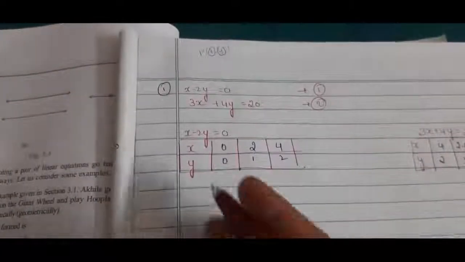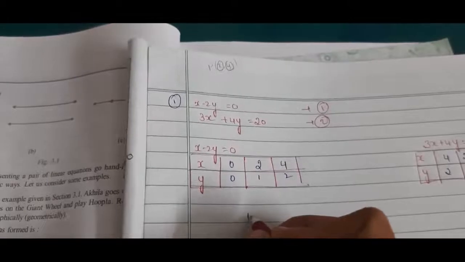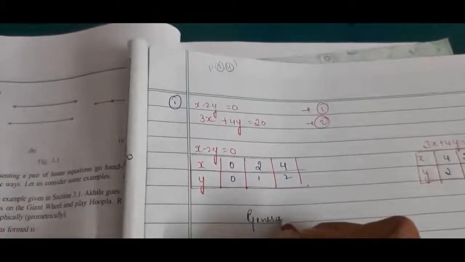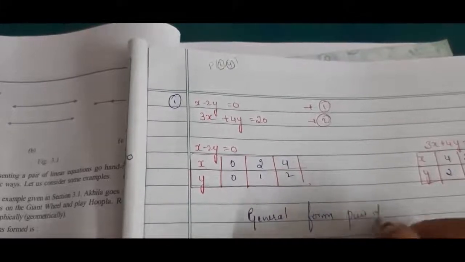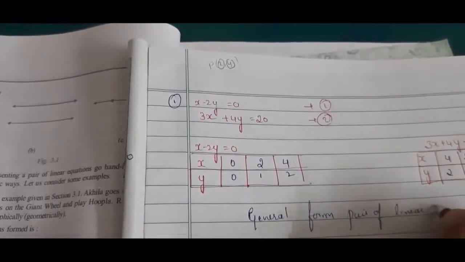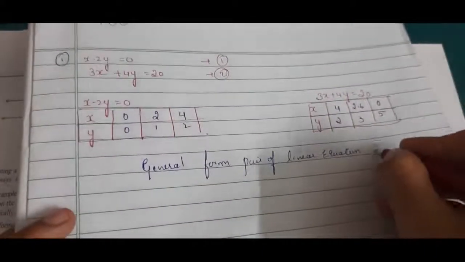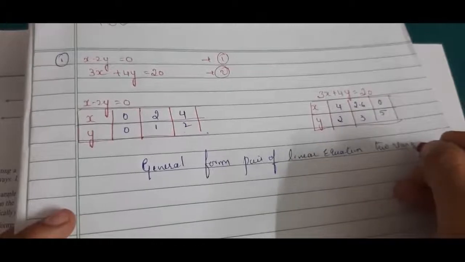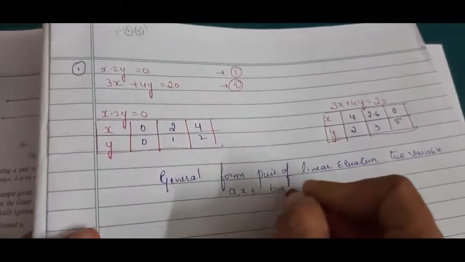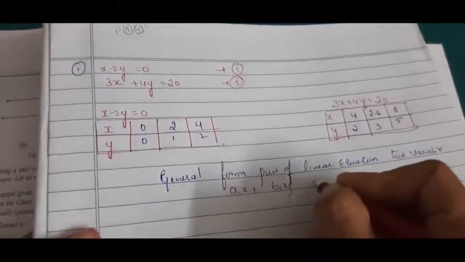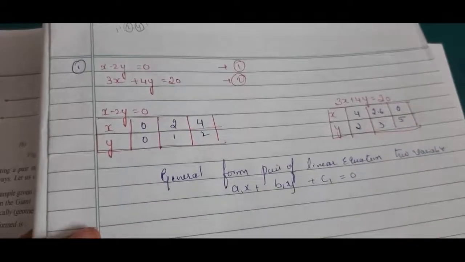Students, we have the general form of a pair of linear equations in two variables. What does it tell us? a1x plus b1y plus c1 equals 0.